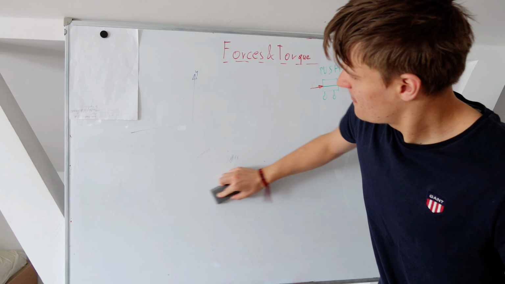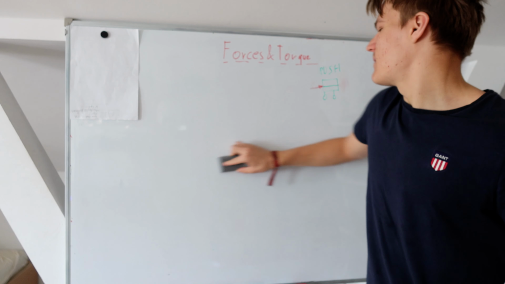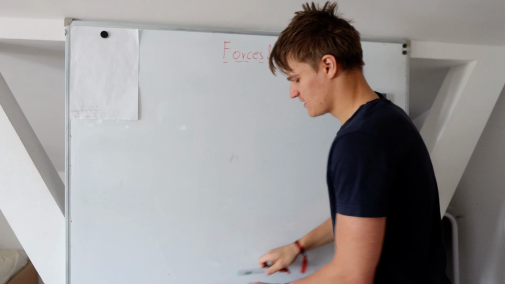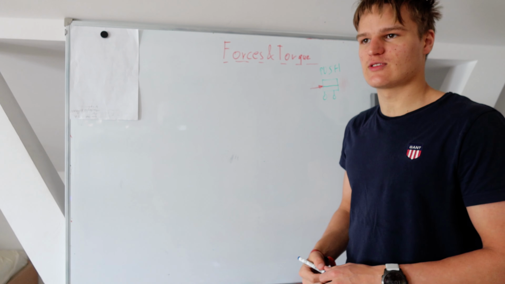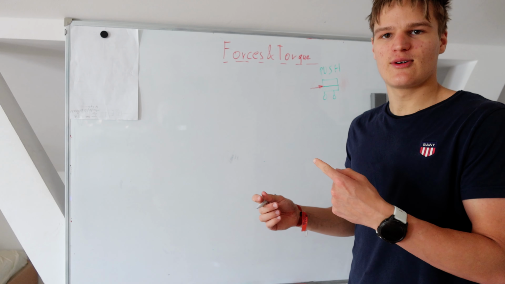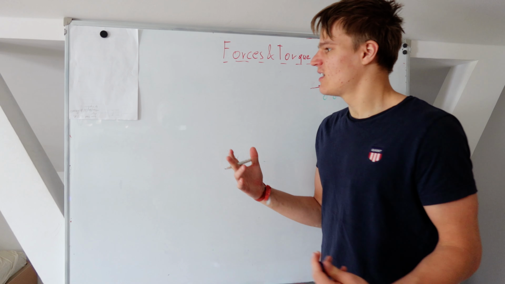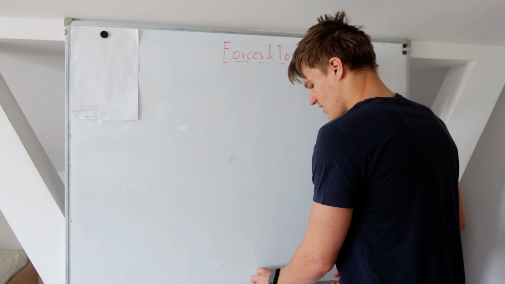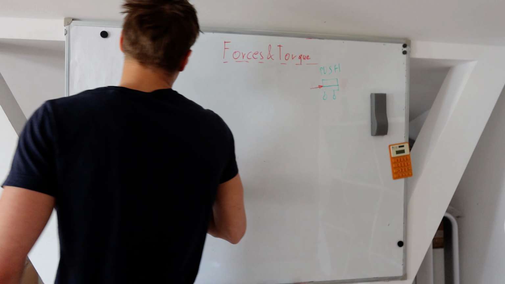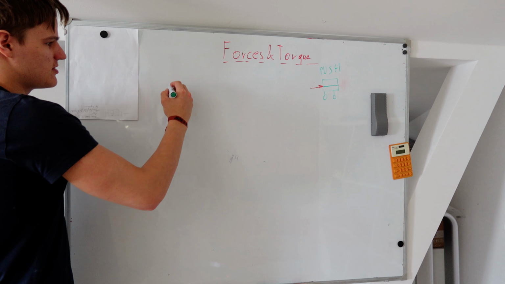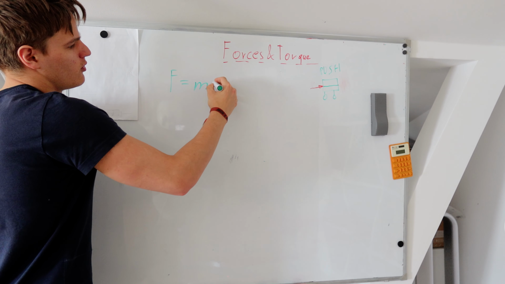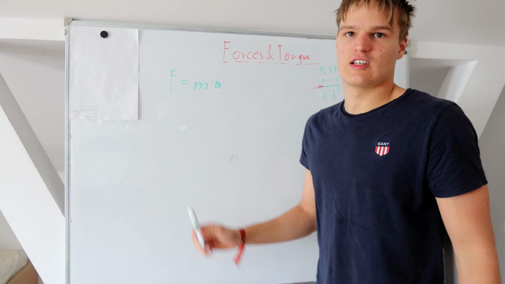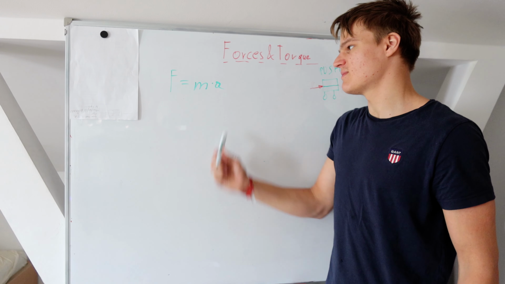Now that we have a basic understanding of what a force is, let's have a look at what a force even is. We just said it's an arrow, it's something. Well, Newton actually discovered this, and the reason I say that is because force is mass times acceleration. This is a formula that most of you most likely know: F is m times a.